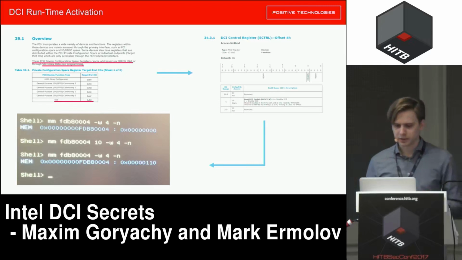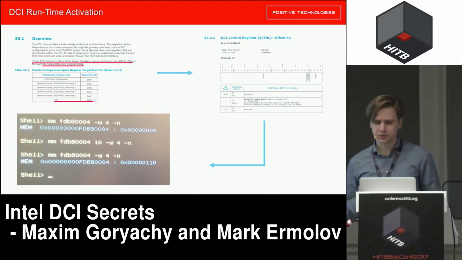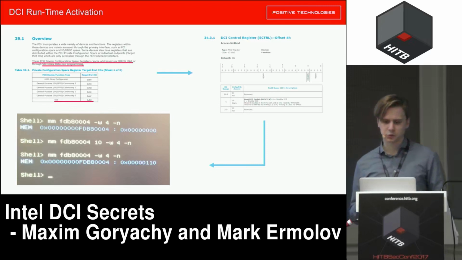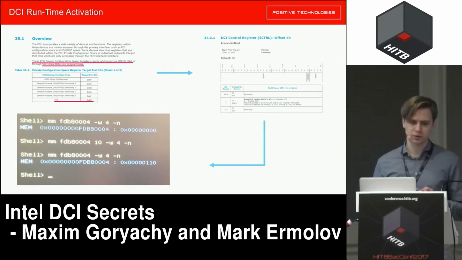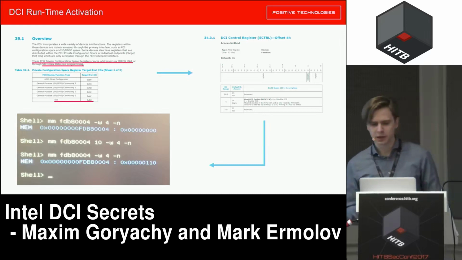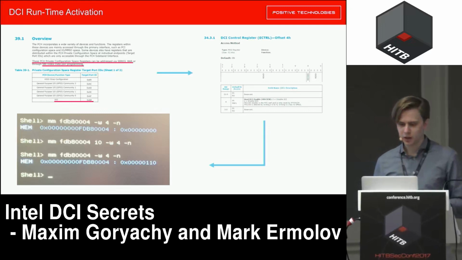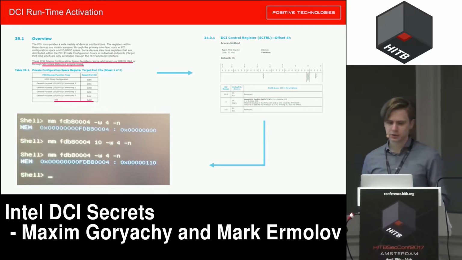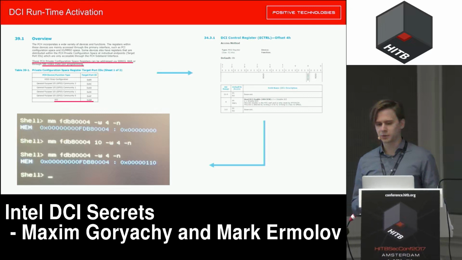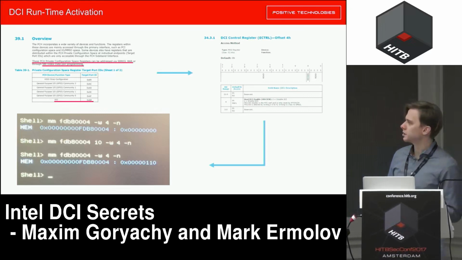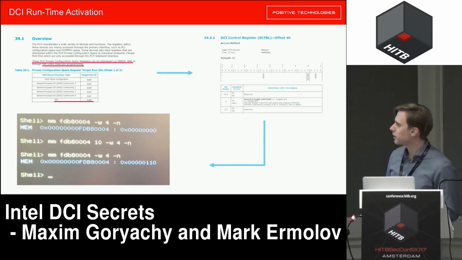This device has two interfaces for access to sideband, a full interface and a light interface, called sideband register access. On all systems which we checked, the P2SB device is memory mapped at physical address AFD00000.